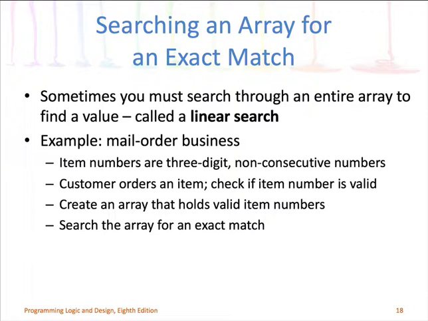So an employee or a customer comes in and says, I need part 330. So the first thing you need to do is make sure the item number is valid. So what happens is we would go through the array starting at location 0 and saying, does this location have 330? No. Go to the next one. Does it have 330? No. Let's go to the next one. And we would search through the array.